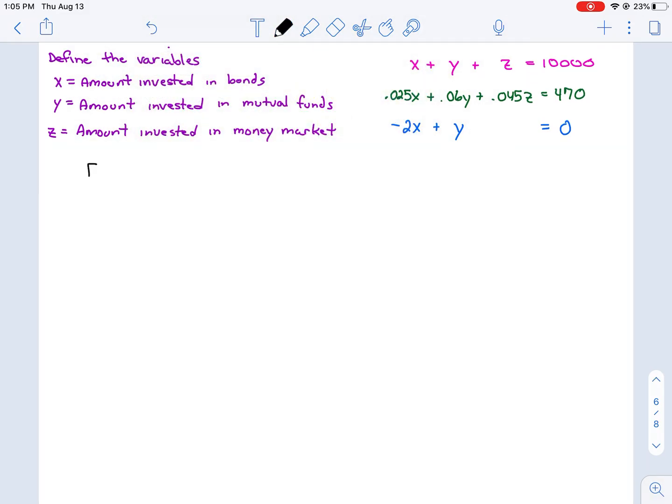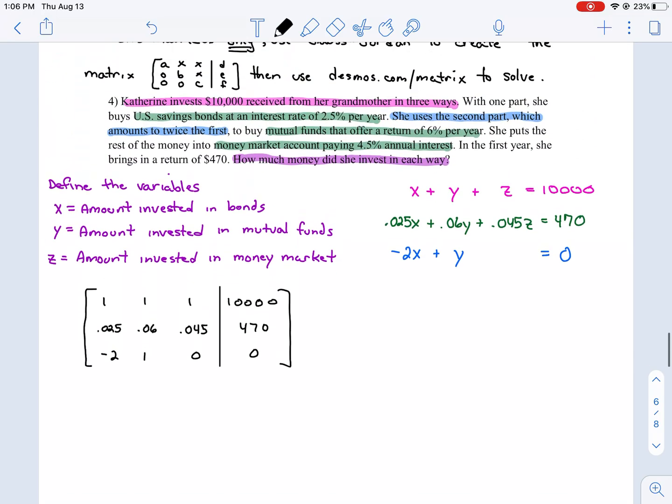Okay, so let's create the matrix. Now this is a little larger of a matrix than we've been dealing with.